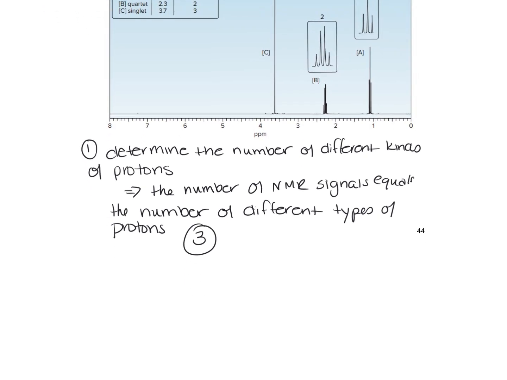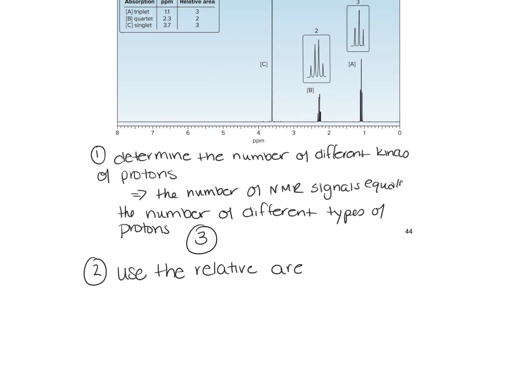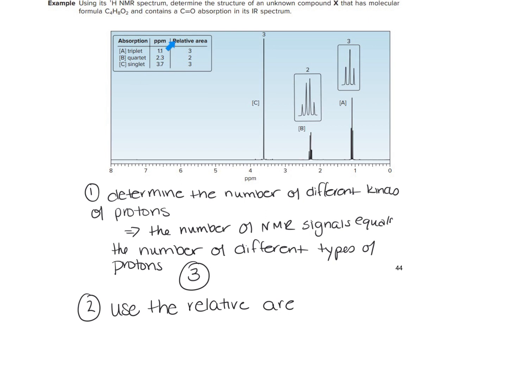Now, the next thing we need to do is use the relative area, which is in a graph right here, to determine the number of hydrogen atoms that give rise to each signal.